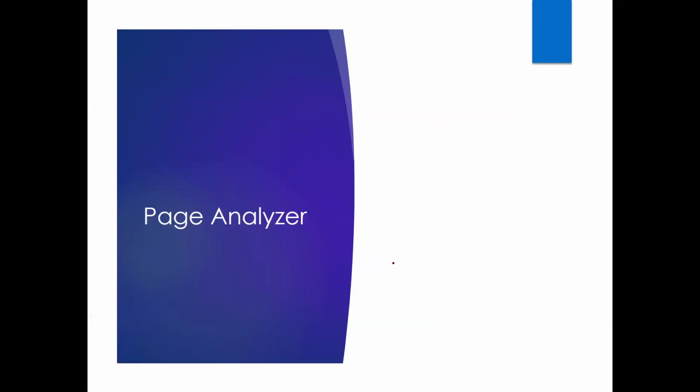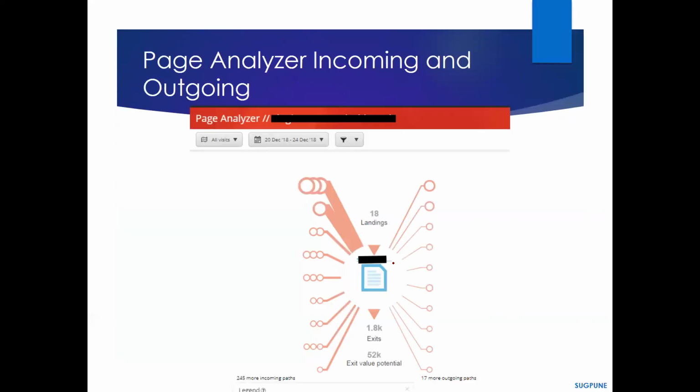I want to find out the performance of one particular page, where the user is coming from and where the user is going. Using Page Analyzer, I can do that. So this is a view of Page Analyzer. I have selected one page, and it shows me how many paths are incoming and how many are outgoing.